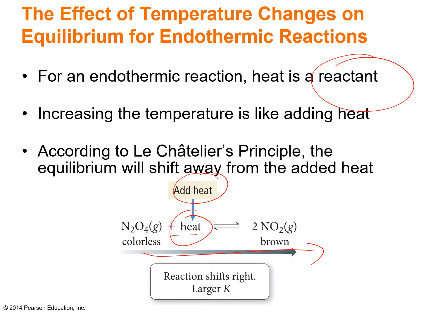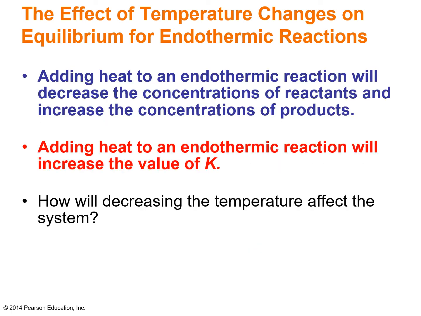So if we're getting rid of heat, we're also going to be getting rid of this species. And we're going to be making more of this species. To what? To achieve equilibrium, to achieve that same equilibrium constant. So in this case, adding heat to an endothermic reaction will increase the value of K. Why? Because an increase in the value of K represents more products than reactants.